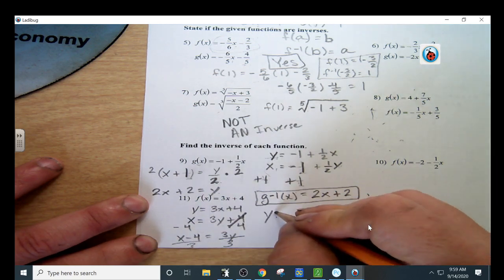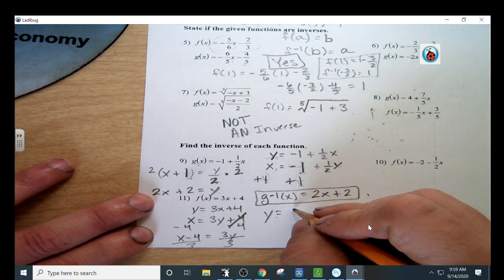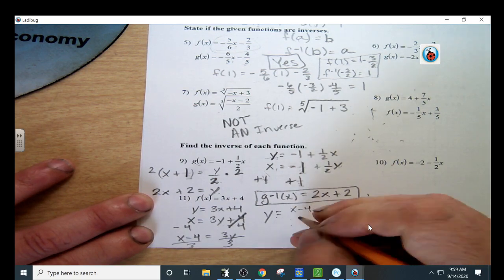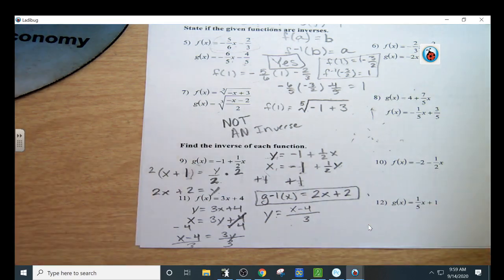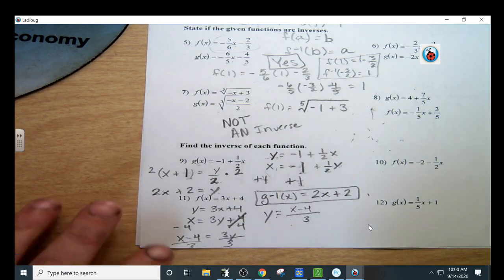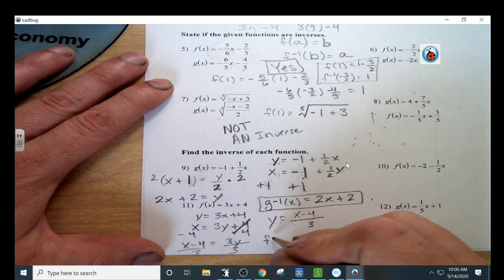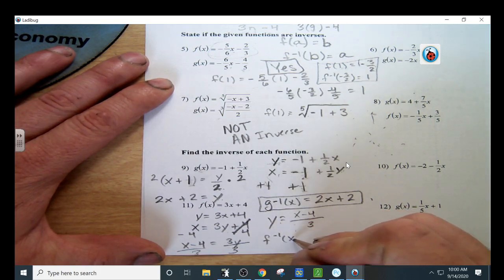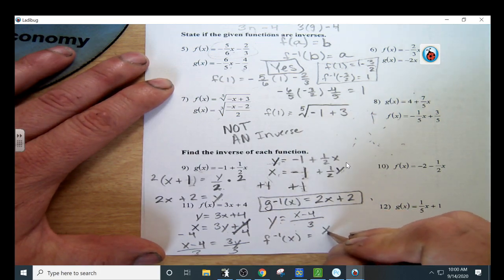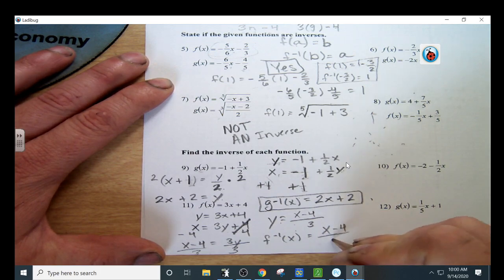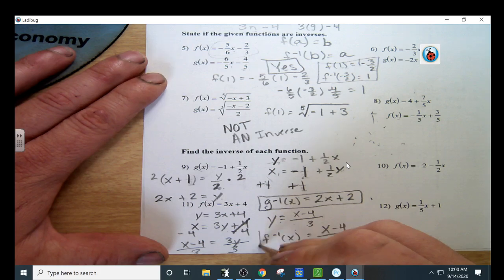That's y equals x minus 4 divided by 3. All right, and then last but not least, you're going to have f inverse of x equals x minus 4 over 3.